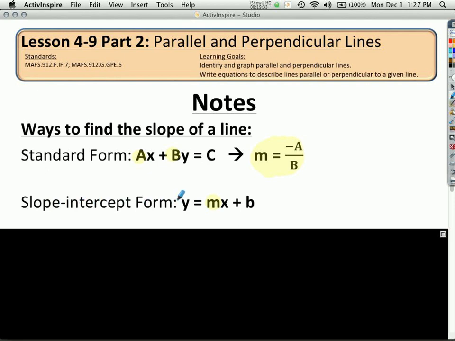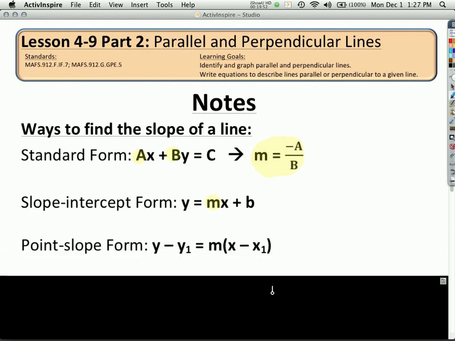So now, it depends on the situation. If you are given an equation in this form, you can find the slope doing this, or by converting to this. If you're given the equation in this form, you can find the slope very easily. If you are given the equation in this form, you can find the slope very easily.